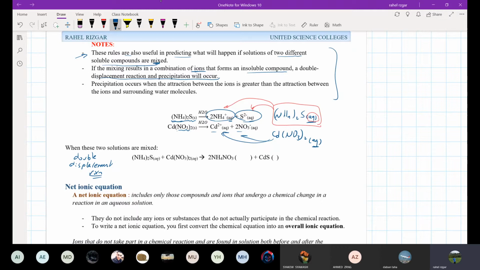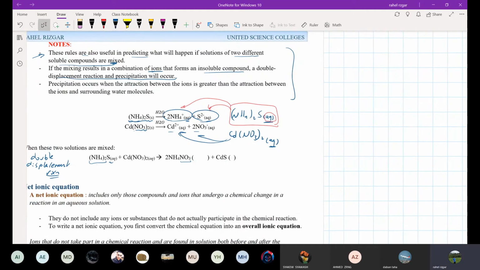It's where these 2 compounds, when they react together, we change their cations' places with the anions' places. So if this is the cation of the sulfide, now this cation will become the cation of this anion, like this. This is what is going to happen if, let's say, AB reacts with XY.